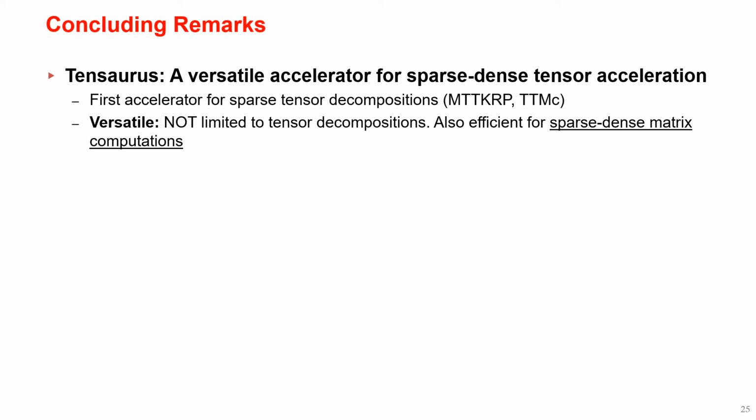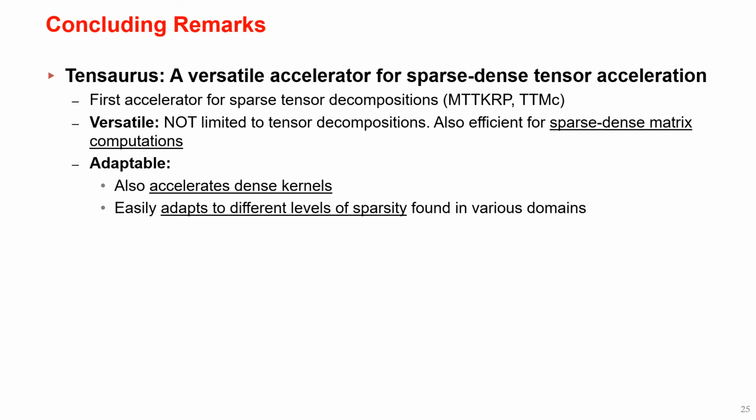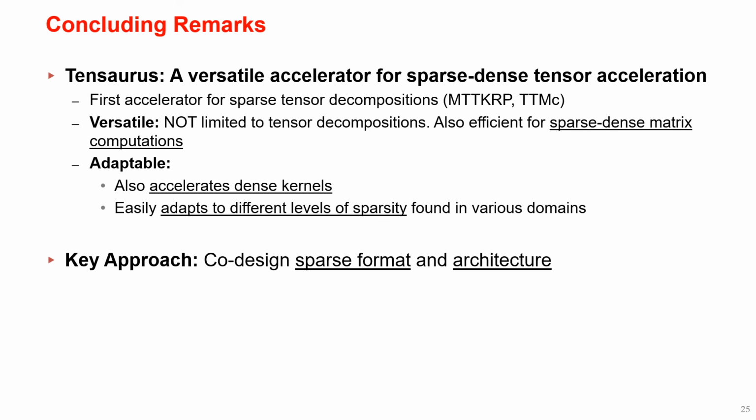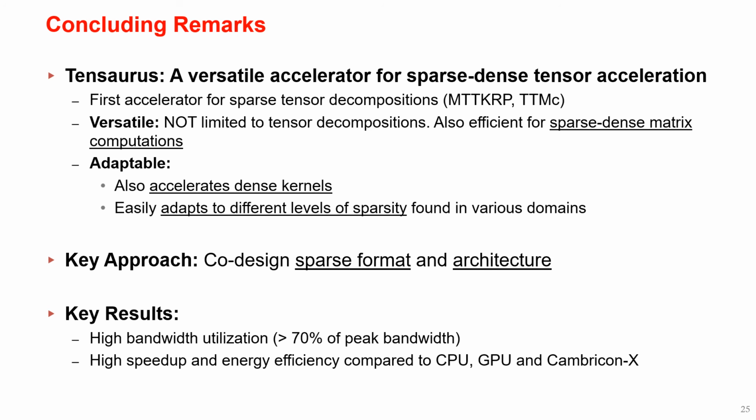It is adaptable in the sense that it can accelerate a varying range of sparsity, ranging from dense to very, very sparse. The key approach that we took was co-designing of sparse format and architecture, and we showed high bandwidth utilization and high speedup and energy efficiency over multiple baselines.